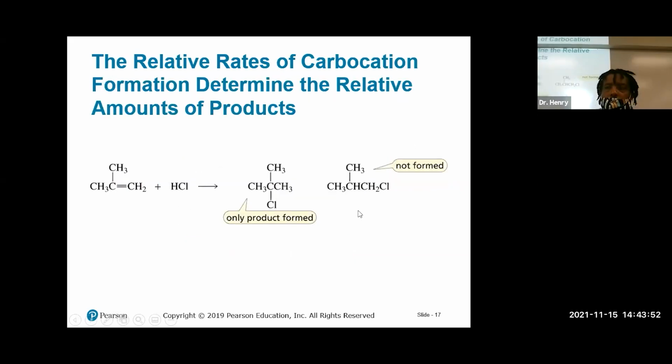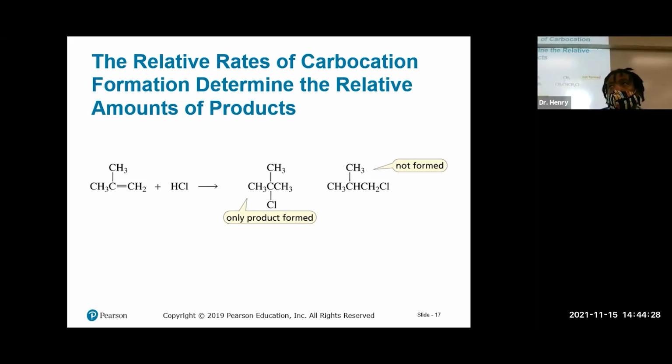So what is the definition of carbocation? It's the process of breaking that double bond and adding the cation to that center carbon or a central carbon.